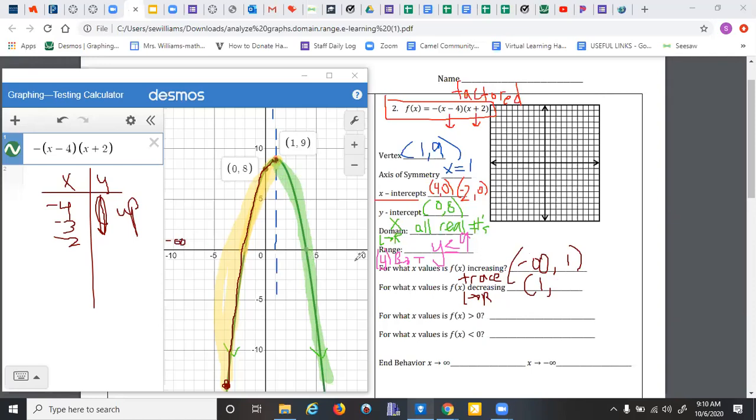Again, it's asking about the x values. Whenever it's asking about the x values, this side of x is called negative infinity. This side of x is called positive infinity. So it's going from 1 all the way to positive infinity.